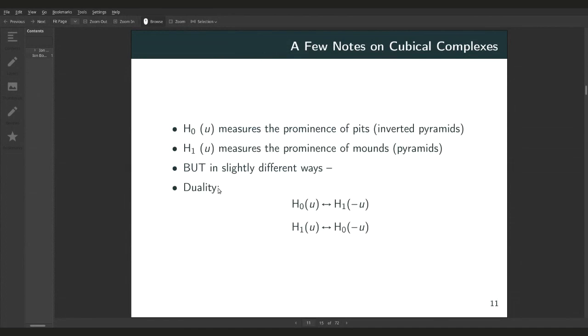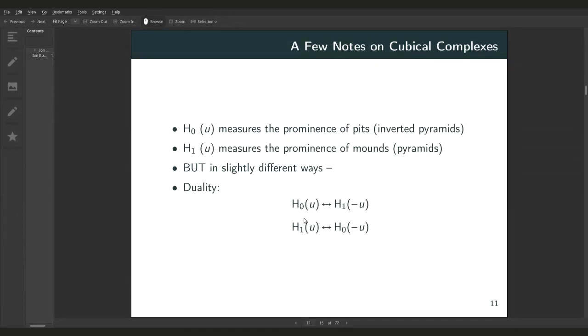We also have a duality between H0 of my surface and H1 of my inverted surface. So I can think of this as H1 of the surface flipped upside down, or H1 of the super level set filtration, so taking all of the pieces of my function that are above a certain value. So this is the way we're going to get after encoding these types of features in the same way.